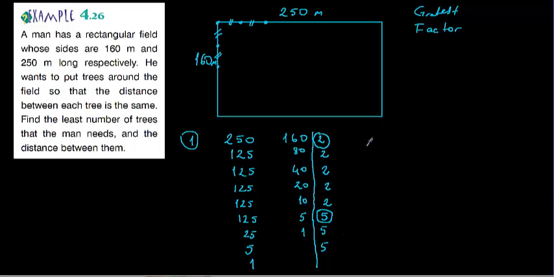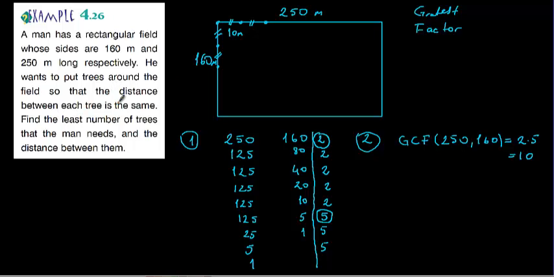Okay, then at the second step we understand that the greatest common factor of 250 and 160 is going to be 2 times 5, which is equal to 10. So the distance between each tree must be 10 meters, because this is the greatest distance that is a common factor for both of them.